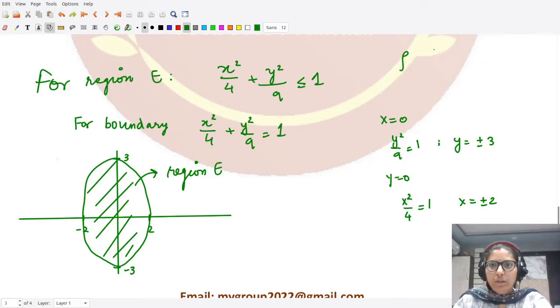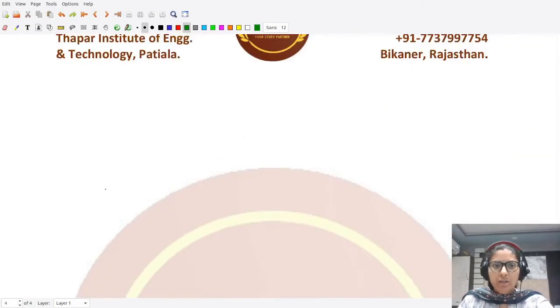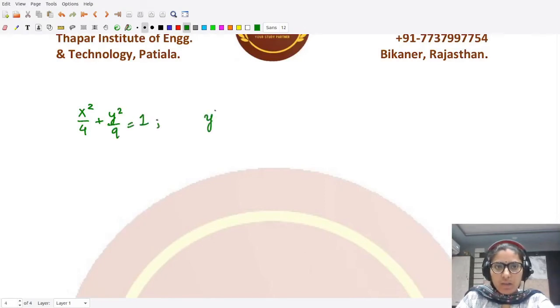For that we'll be taking the boundary for E: x square by 4 plus y square by 9 is equal to 1. So what is the value of y square? That is 1 minus x square by 4. We'll be substituting this.